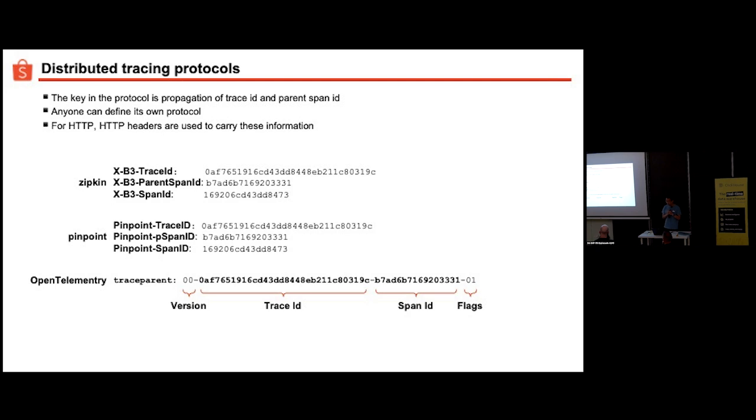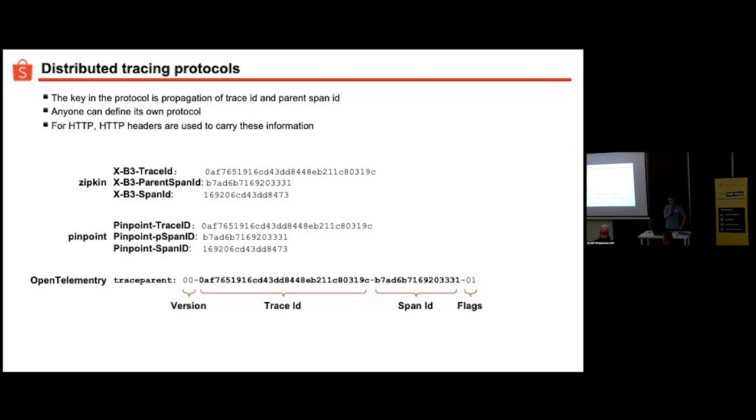About the distribution, there are some protocols that define how the tracing context is defined. There are some protocols like Zipkin and Pinpoint, which are very popular in the Java world. And now I think OpenTelemetry is more popular because it has become a W3C standard.